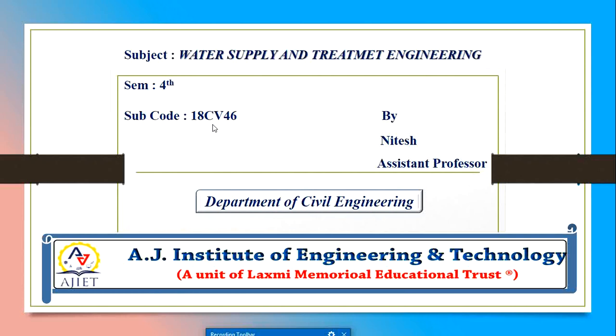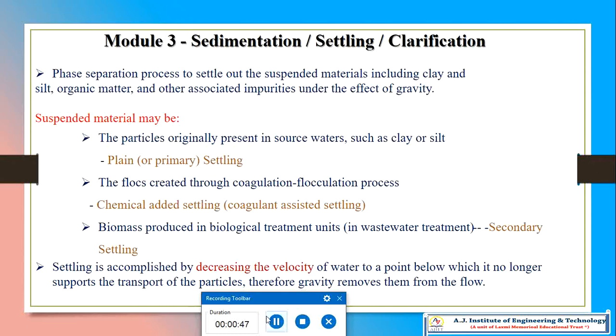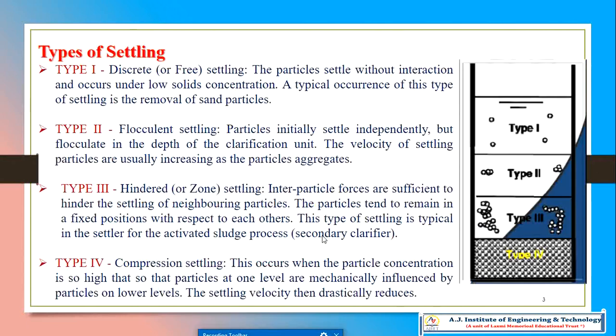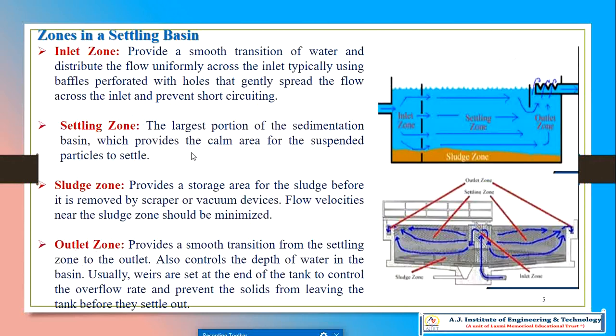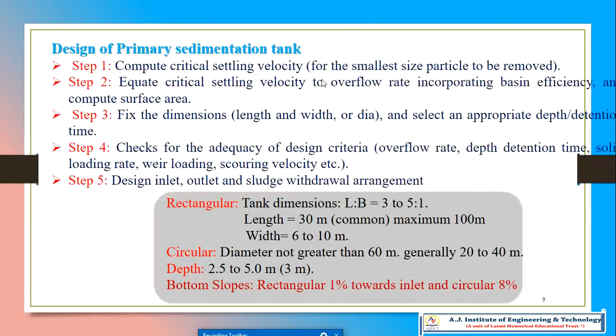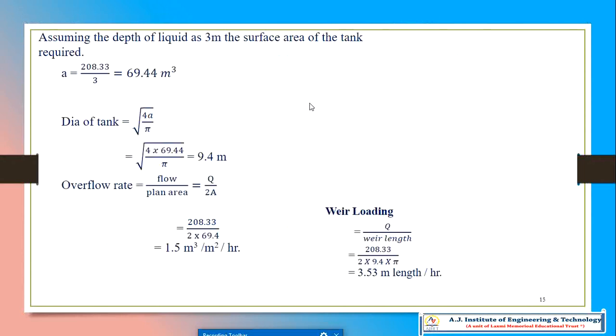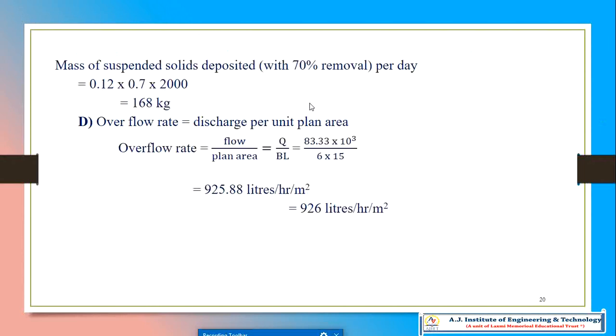So we completed part 1, part 2, part 3 as well as part 4. Let us just recall: types of settling, zone settling basin as well as Type 1 settling, Stokes law, factors affecting sedimentation, design of the sedimentation tank, as well as clarification and flocculation.